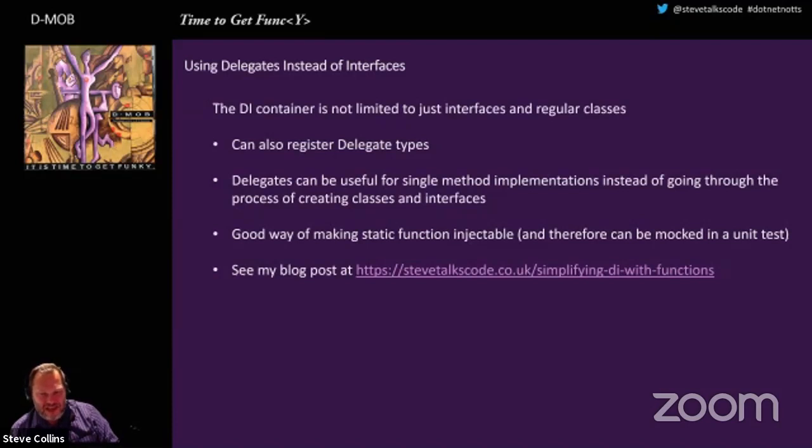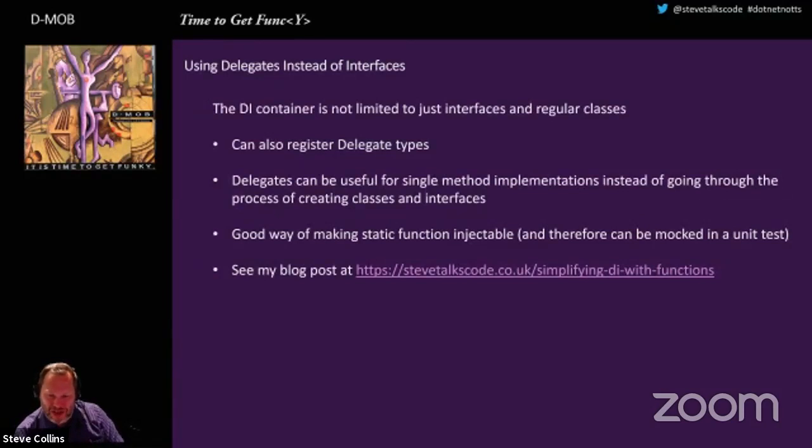But the custom delegate type, where you create a delegate with a name and define a function or action signature to it, you can register one of those. Now that opens up an awful lot of opportunities, and I would dearly love to talk about it.